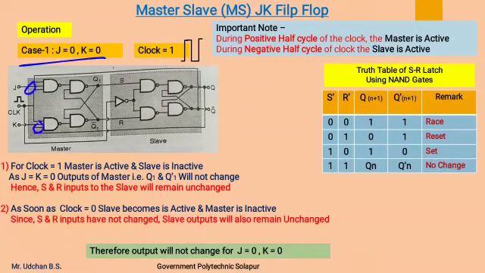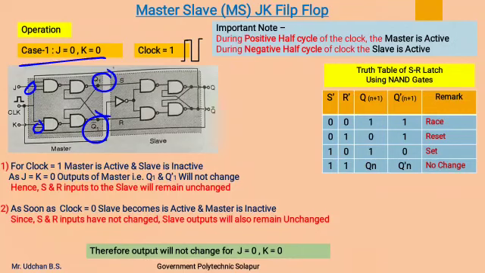The outputs of master, that is outputs of JK flip-flop, Q1 and Q1 complement, will not change, which we have already studied in the JK flip-flop. For J equal to K equal to 0, output of JK flip-flop will not get changed.